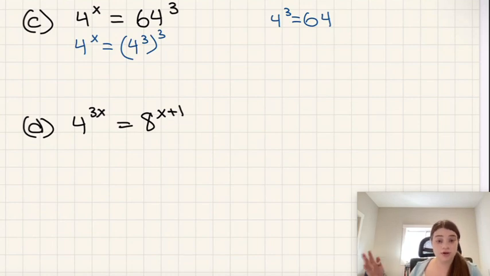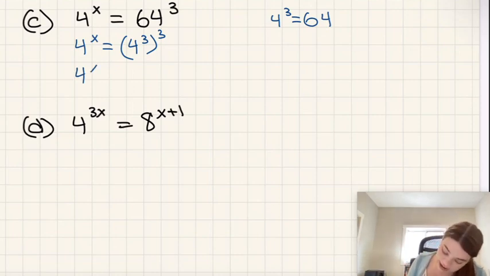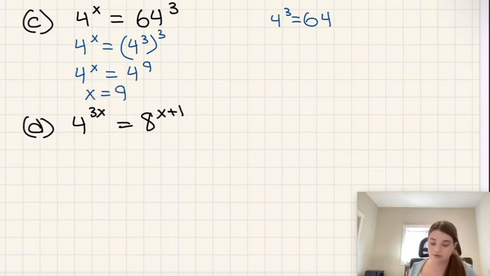And 4 cubed, well, we know that when we have a power to a power, we multiply the powers. So 4 to the x is equal to 4 to the power 9, which means x is just equal to 9. And again, we can verify that. We can type in our calculator 4 to the power 9 and also 64 to the power of 3 and see that those are indeed the same thing.